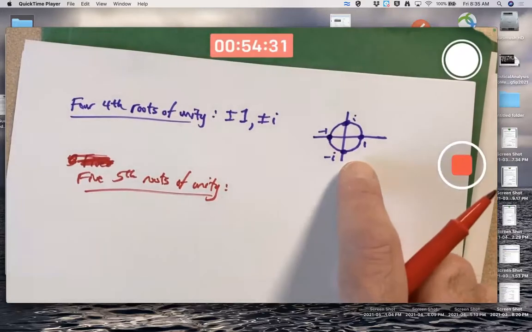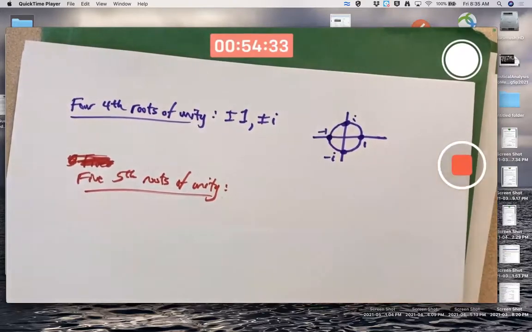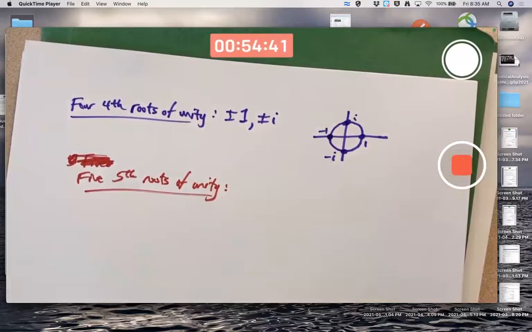360 degrees divided by 4 was 90 degrees. Evidently, they should be 360 degrees divided by 5 angle apart. 360 divided by 5, what is that? 72? Sound right? Yep.